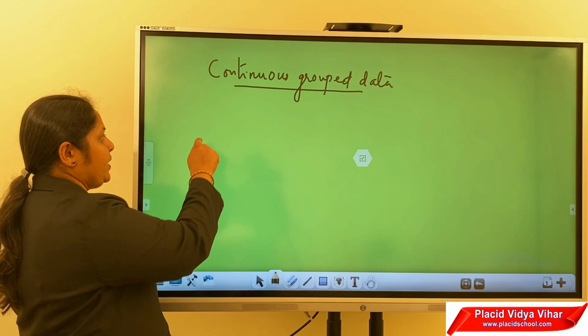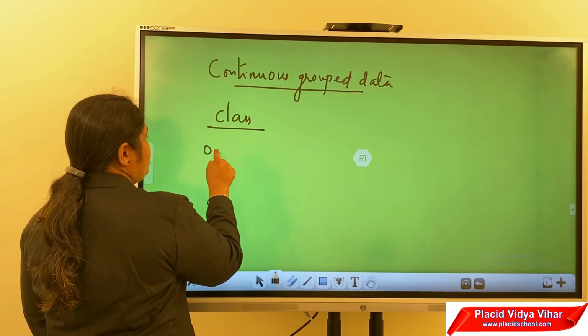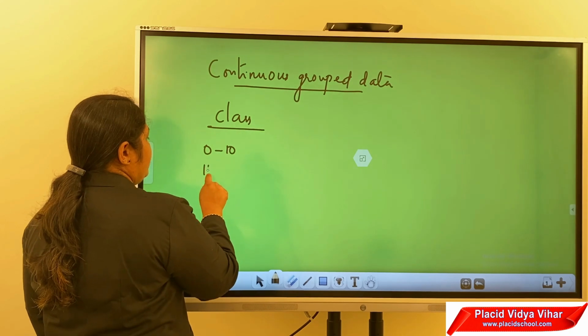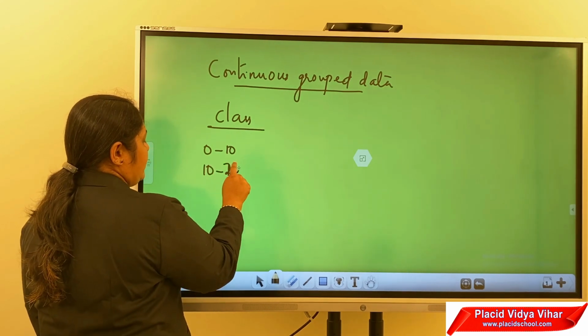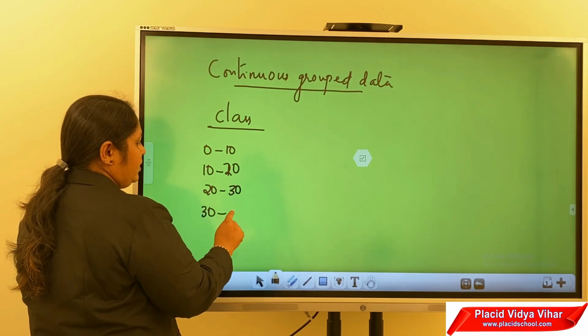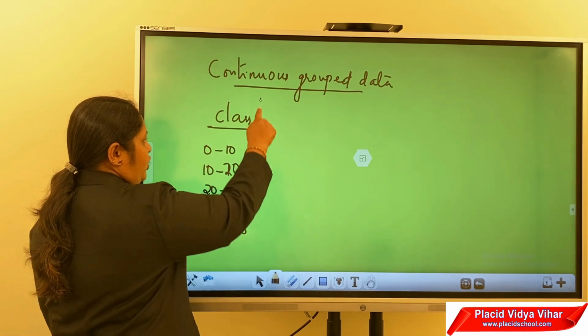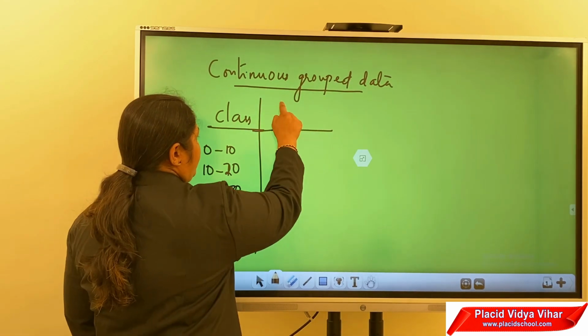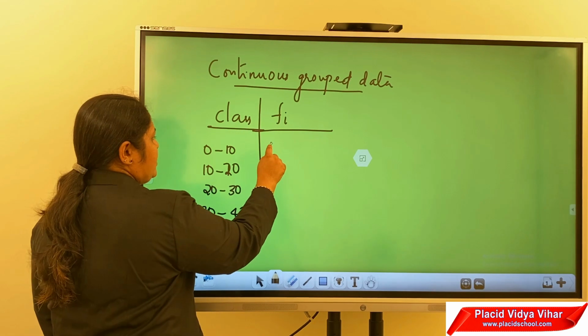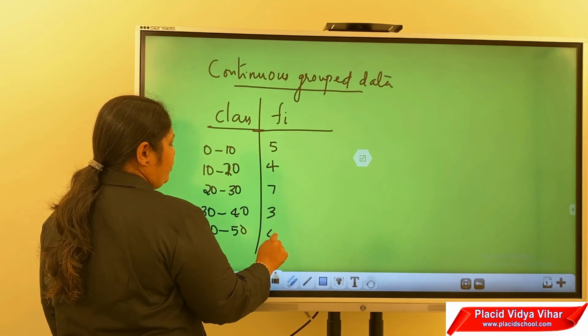For example, we will write the classes as 0 to 10, 10 to 20, 20 to 30, 30 to 40, 40 to 50. Their corresponding frequencies, let it be 5, 4, 7, 3, 4.